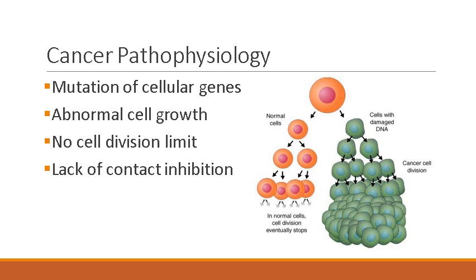In regular cells, the contact inhibition signals help control how fast the growth takes place. So with a lack of contact inhibition, that allows these cancer cells to keep dividing, and when they do that, they start invading surrounding tissue.